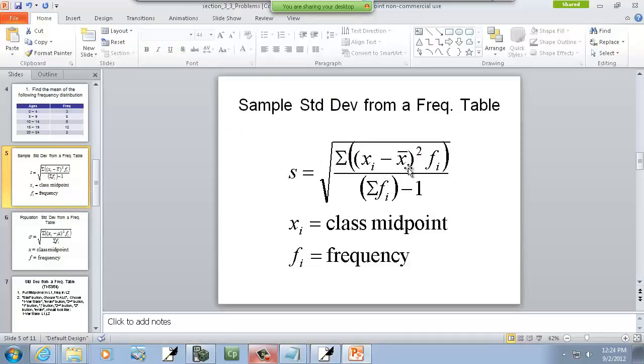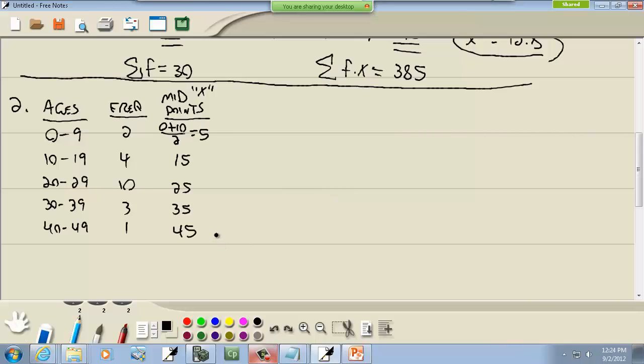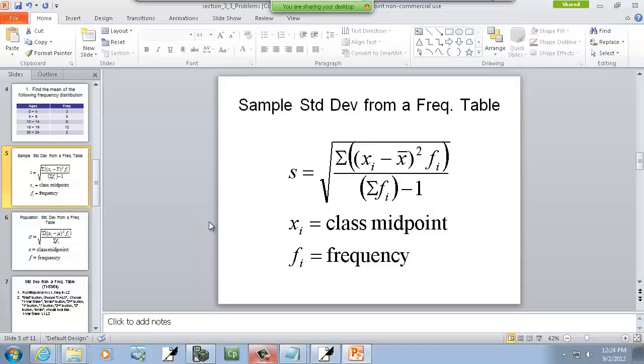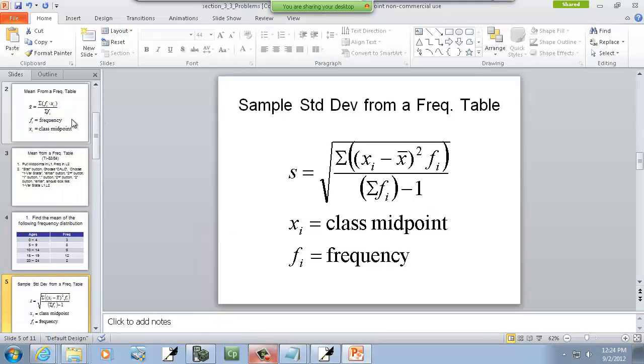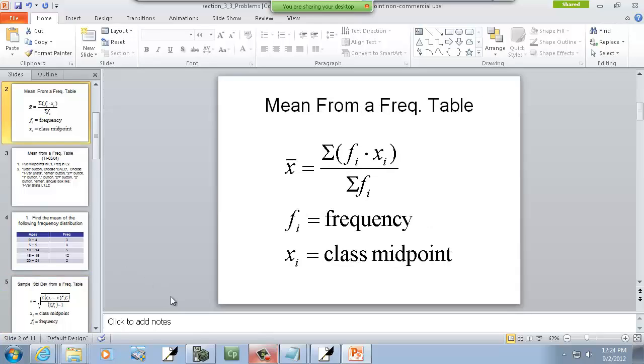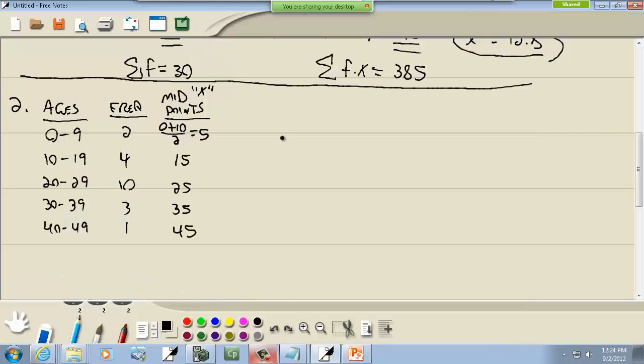Now we need x bar, which is the sample mean. So we have to go back and do this formula first to get the sample mean. This formula says we're going to take f times x, frequency times class midpoint. So I need an f times x column. These are our f's here. So we're going to take 2 times 5, which gives us 10.